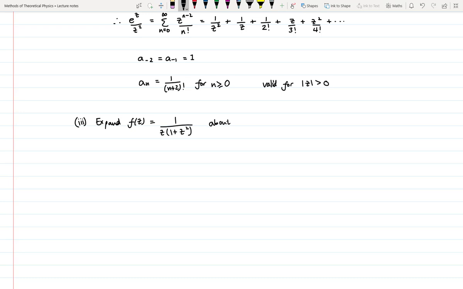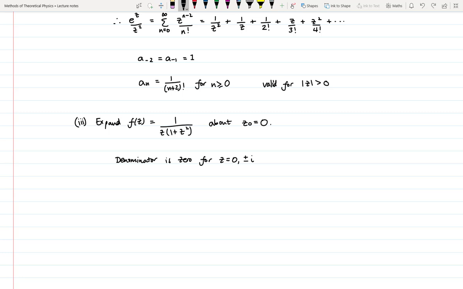And let's consider expanding that about z naught equals 0. You'll spot that the denominator is 0 for z equals 0, or if z squared plus 1 equals 0. So the other solutions are when z equals plus or minus i.